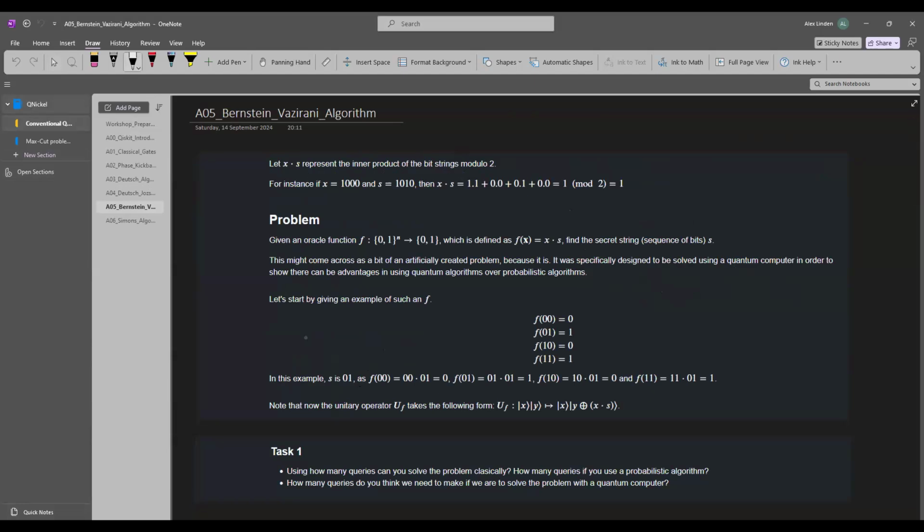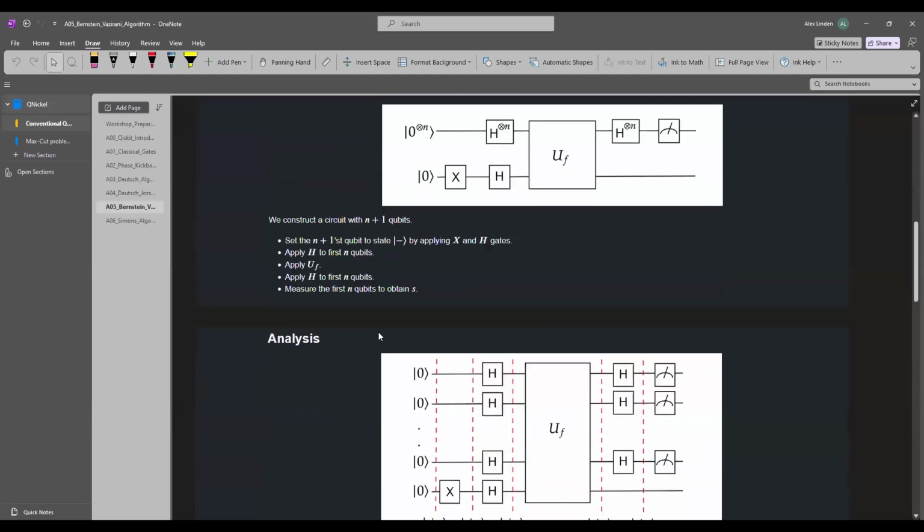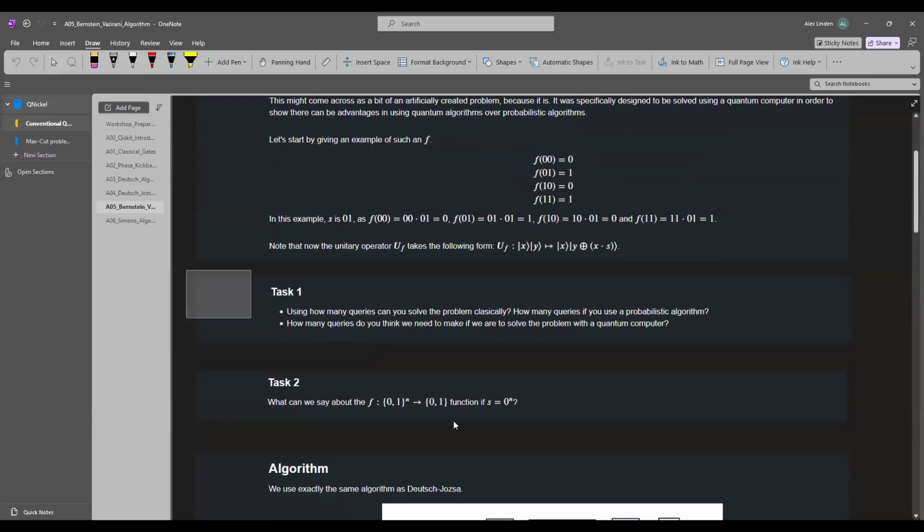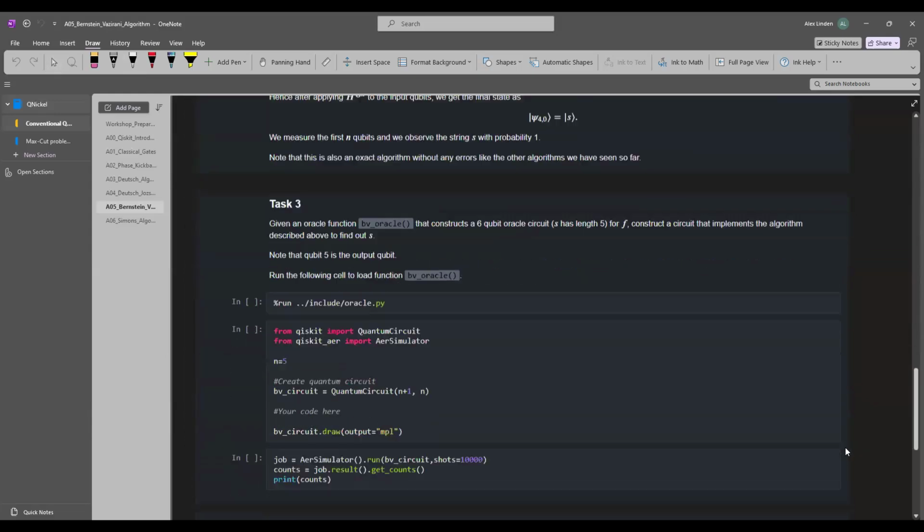So let x dot s represent the inner product of the bit strings modulo 2. Now, I'd like to write you some properties of that, since you might be unfamiliar.